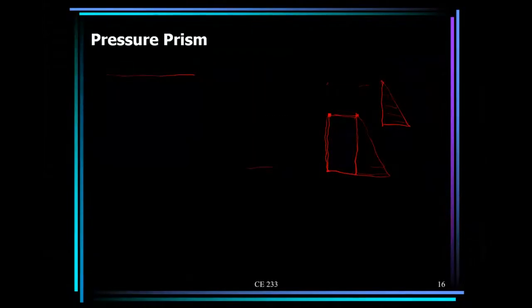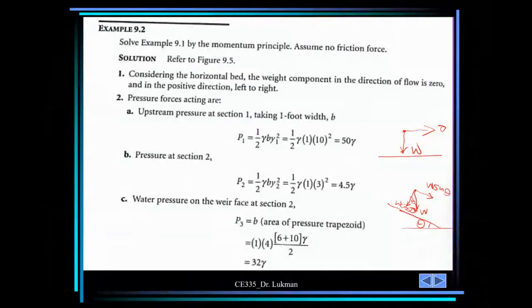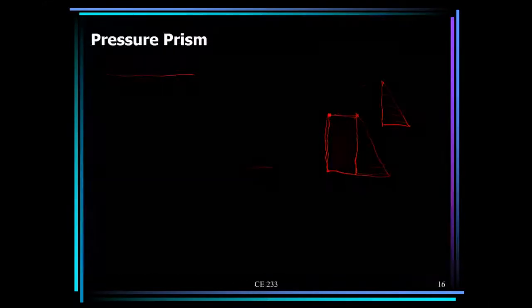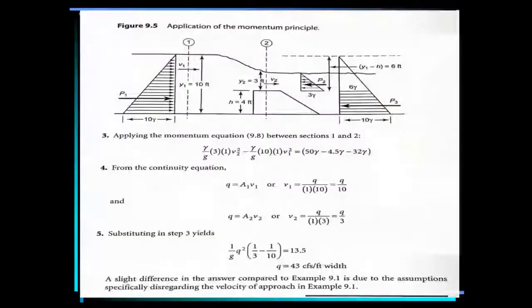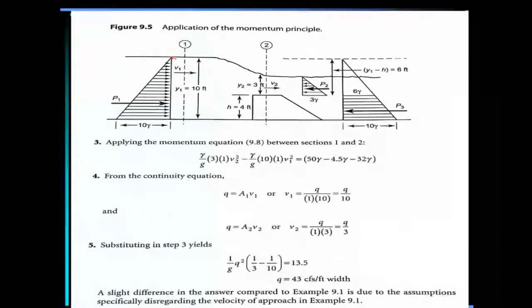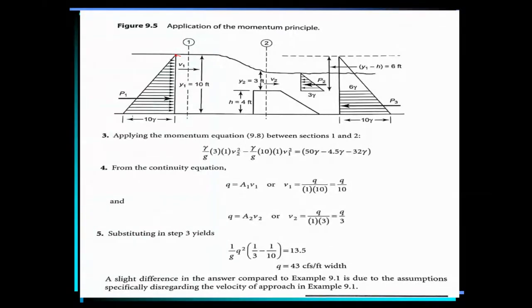Now let's go back. Here, this is the hydrostatic pressure acting, because this is the water surface, so you have a triangular hydrostatic pressure distribution. At the top it is 0 because you have atmospheric pressure acting. So we find the area, and this is the height y1.